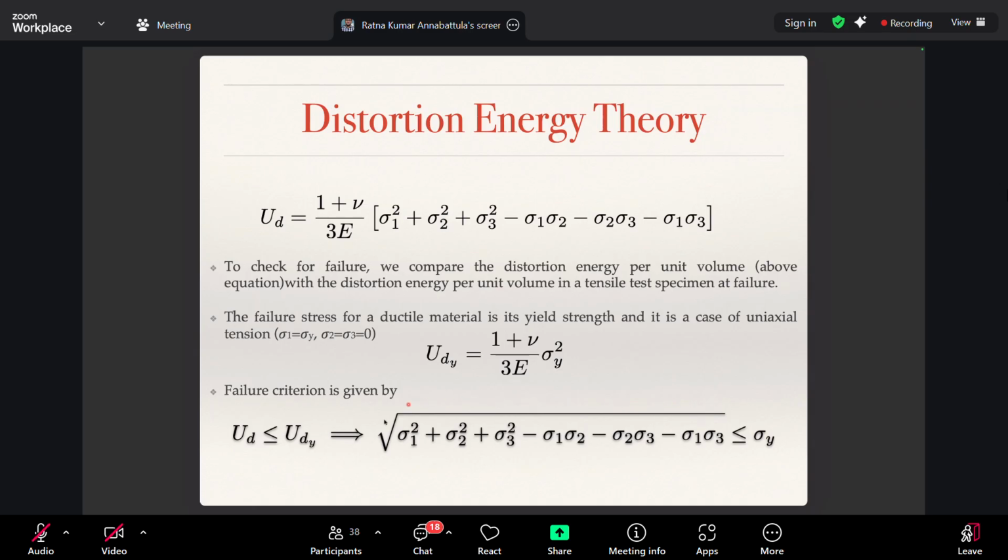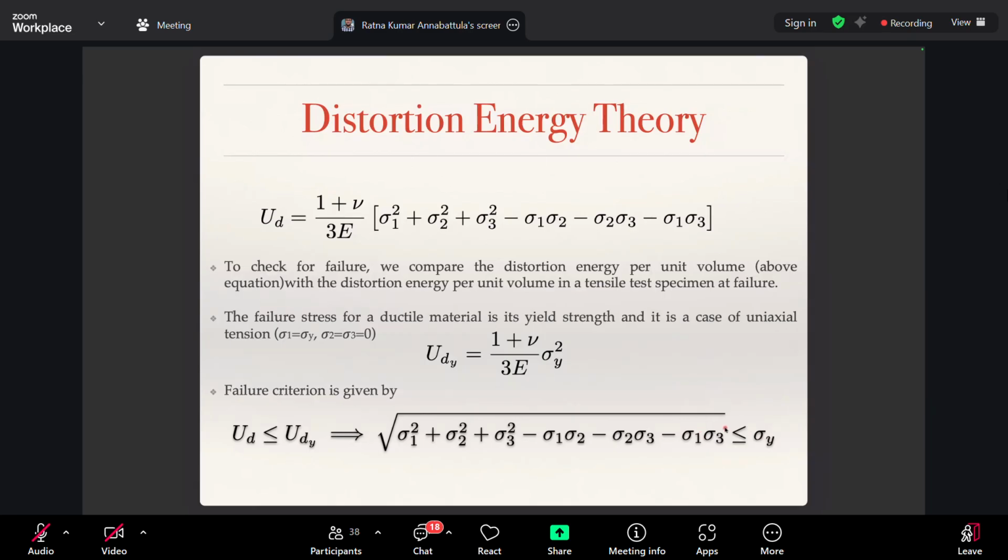Now this entire quantity can be given a name, equivalent stress, sigma E, or it is also called von Mises stress. When this quantity, sigma E or sigma Vm, is less than sigma y, then failure does not occur. Then the material will not be plastically deforming.